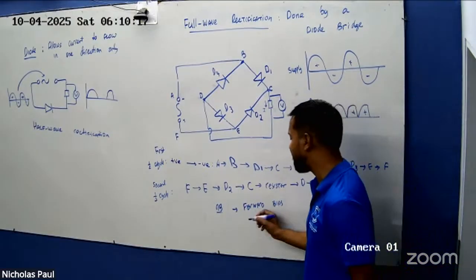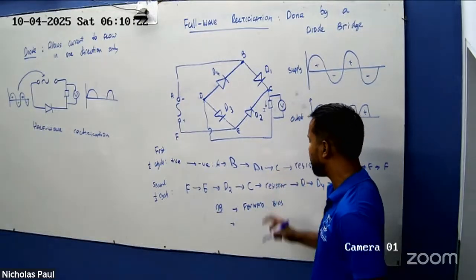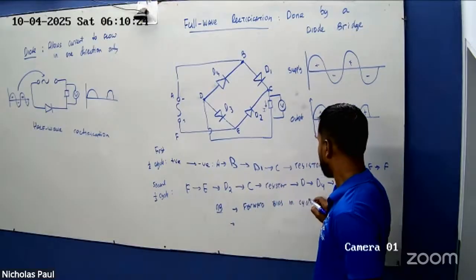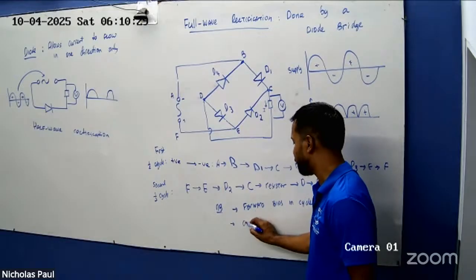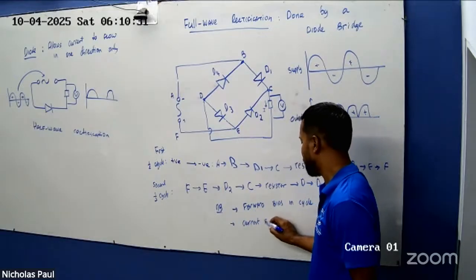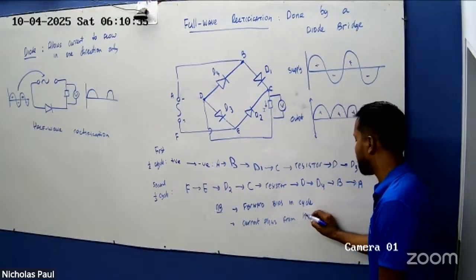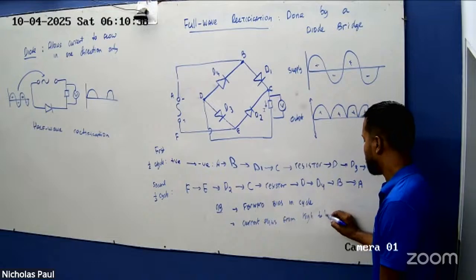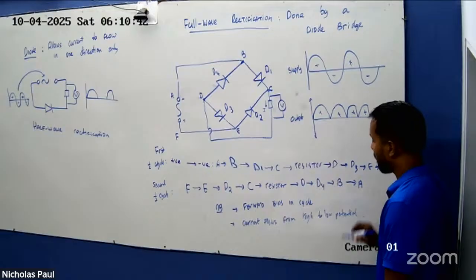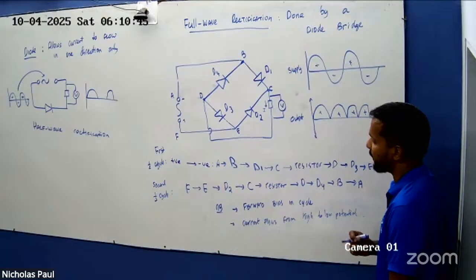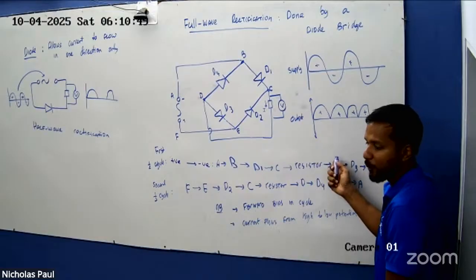Two little things I want you to remember: diodes are all forward bias in the cycle, and current flows from a high to a low potential. So it's really important to remember these two things when you explain it.